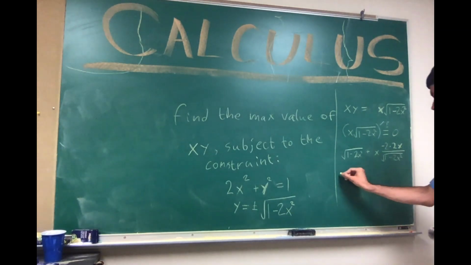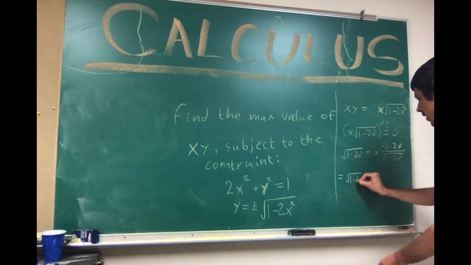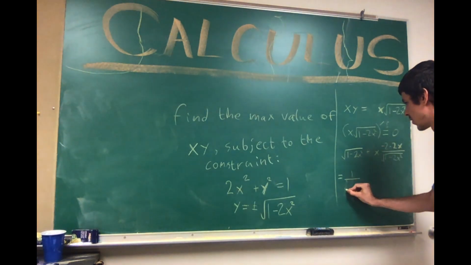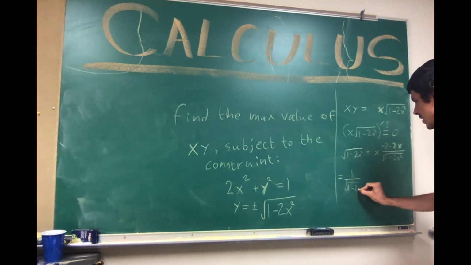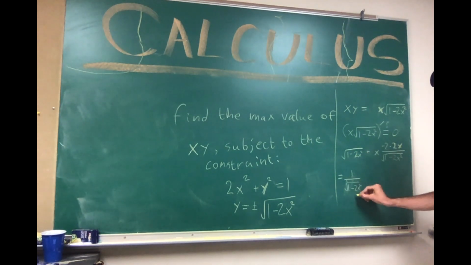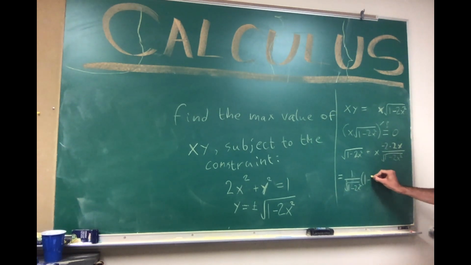And this is going to equal, simplify it, 1 minus, I'm going to replace this square root of 1 minus 2x squared as 1 over the square root of 1 minus 2x squared times 1 minus 2x squared for the purposes of simplification.